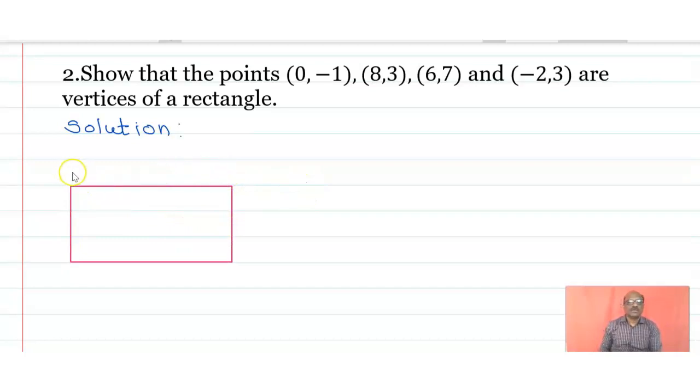Now here the vertices are: first A (0, -1), B (8, 3), next C (6, 7) and D (-2, 3).